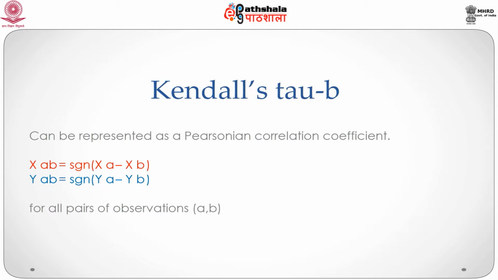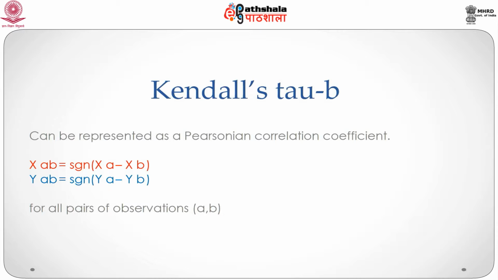Kendall's tau-b has an interesting property in that it can be represented as a Pearsonian correlation coefficient. To this end, let us define for each pair of observations (xa, ya) and (xb, yb), x_ab, which is equal to the sign of xa minus xb. This means that x_ab is equal to minus 1 if xa is less than xb, equal to 0 if xa is equal to xb, and equal to plus 1 if xa is greater than xb.